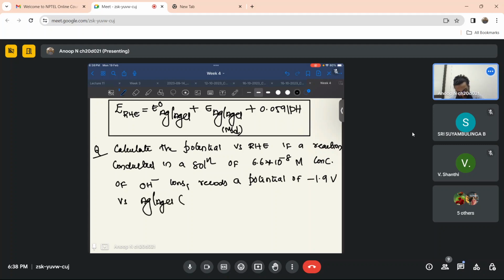Here I have to mention the concentration also, 3.5 molar KCl.